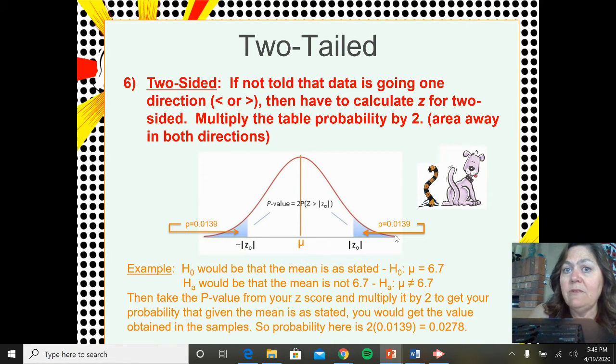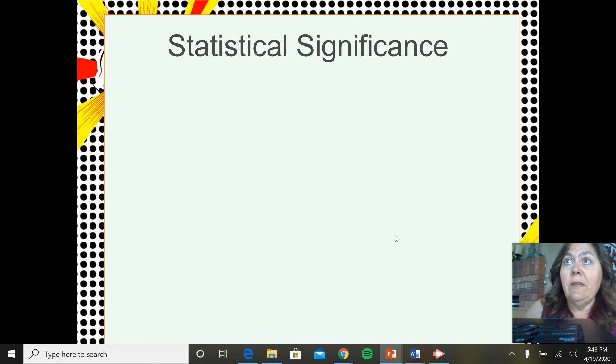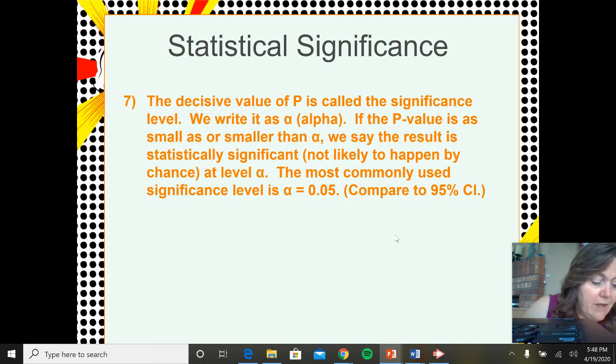And we're going to talk about that. That's like your 95% confidence interval was your cutoff. 5% is your cutoff for the most common, 0.05 for the alpha. Okay. So if it's two-tailed, we just have that last step of remembering to multiply what we get in our calculations by 2. All right.